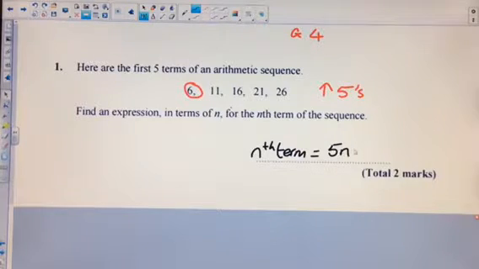Therefore, we write this as 5n plus 1 to denote that it's actually 1 greater. And there you go. There's your 2 marks. Hopefully that was clear enough. Let's put another question up.